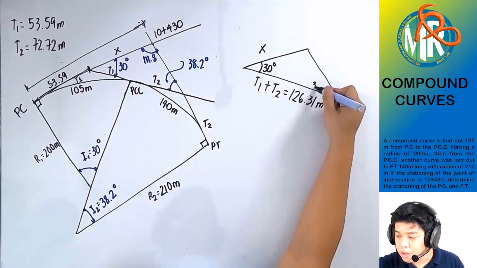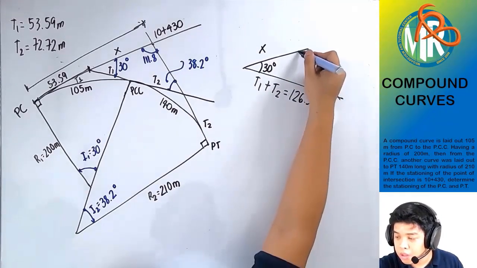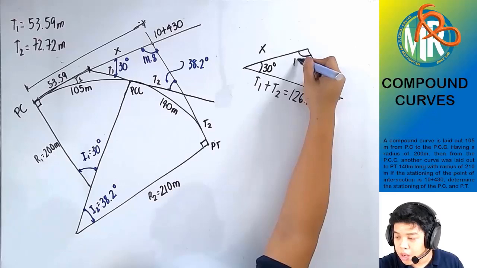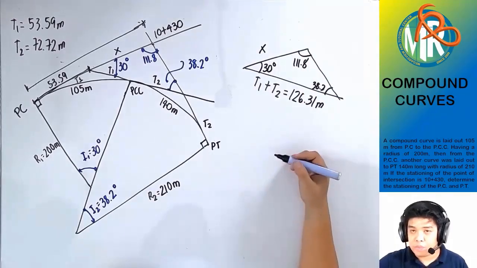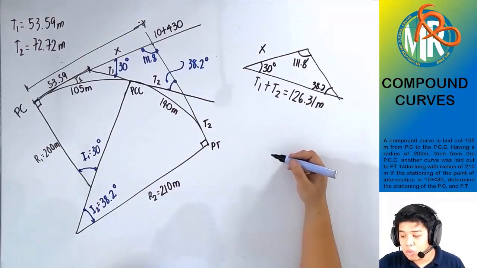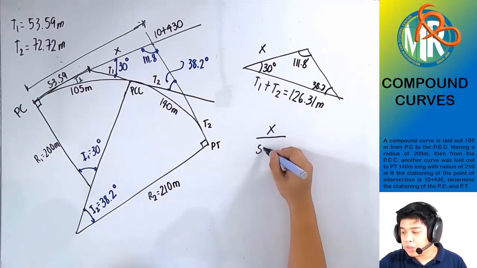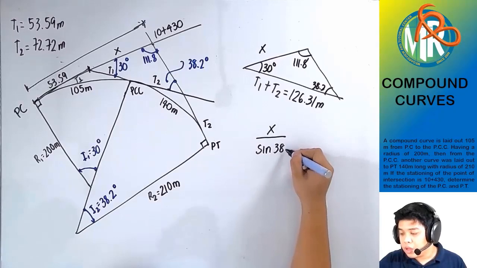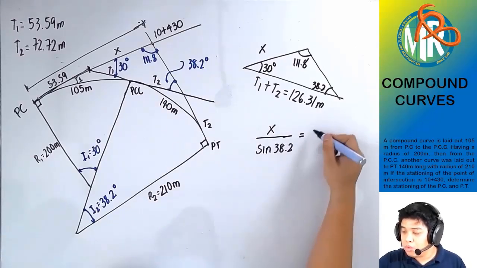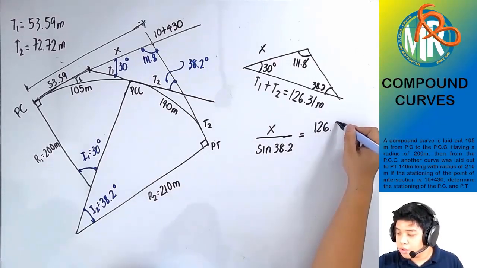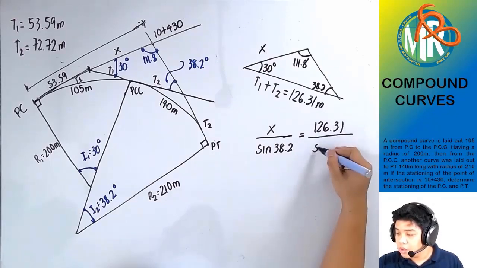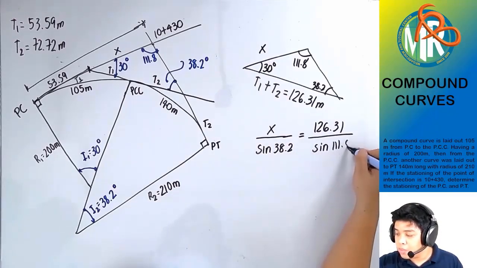That is what? 38.2. And this one is 111.8. So therefore, we can now solve for the value of x. That is X over sine of 38.2 is equal to 126.31 over sine of 111.8.